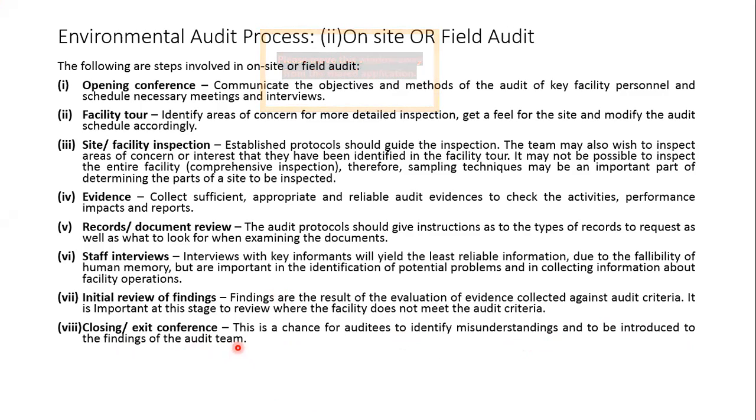At that time, if there is some misunderstanding, because the auditor is also a human being and can make some mistakes, maybe his view is not matching the view of the auditee, the company being audited, then that can be corrected during this exit conference.